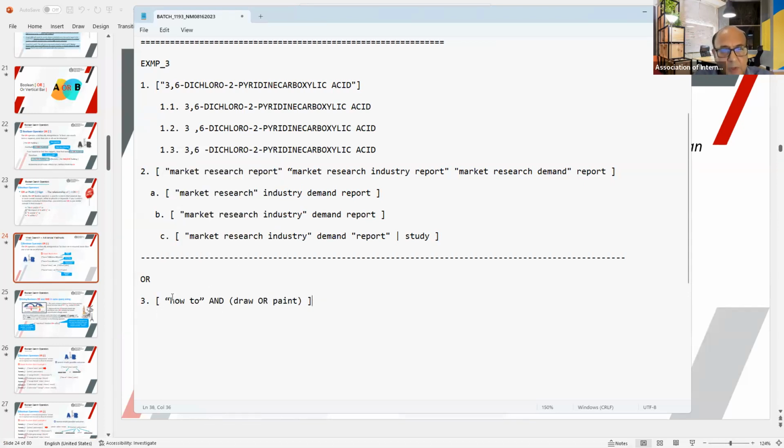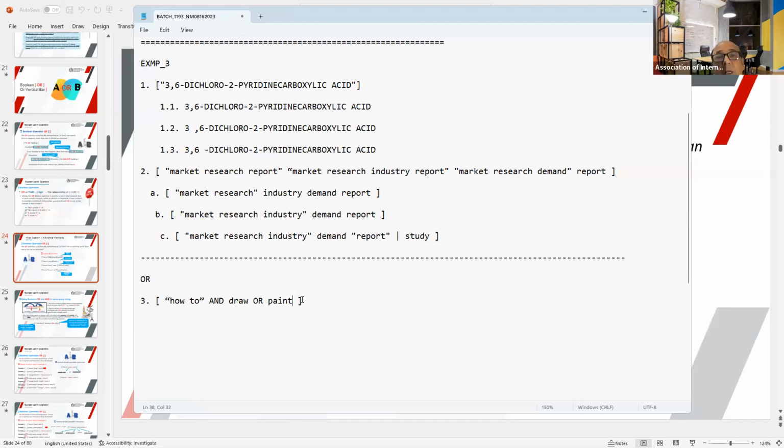So let's suppose this was the query where you want to give an option to the search to find either the word draw or the word paint, and how you're going to write it in the search without parentheses, because you don't use parentheses.